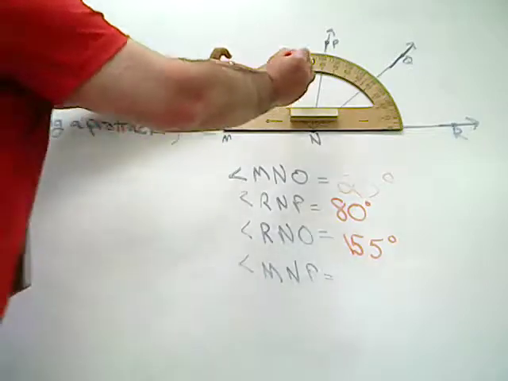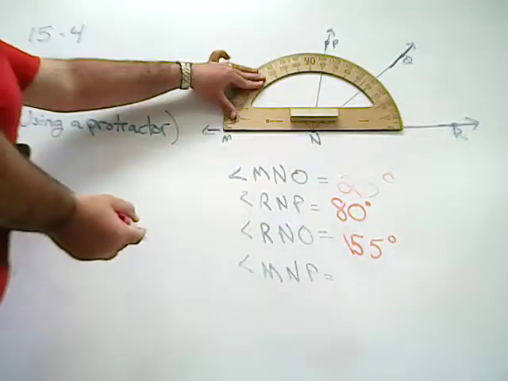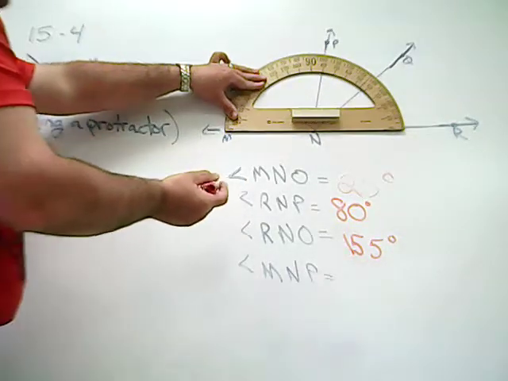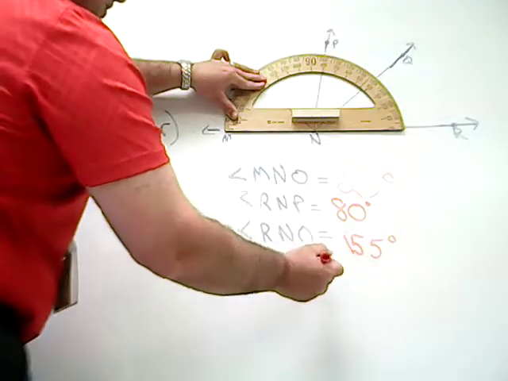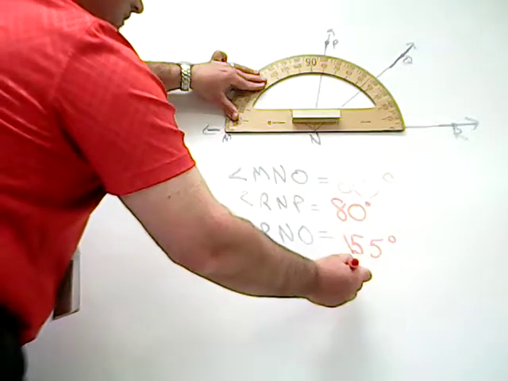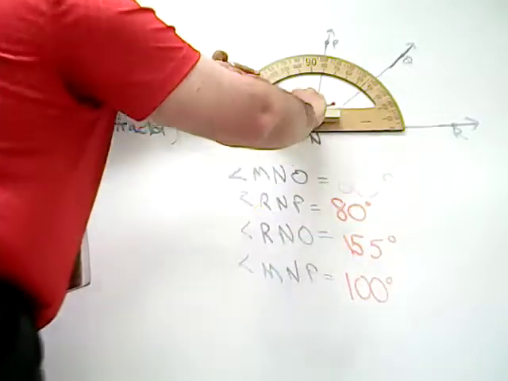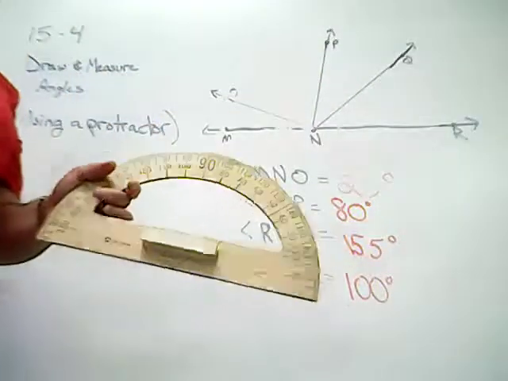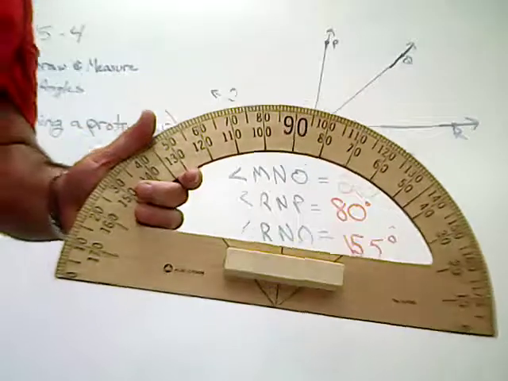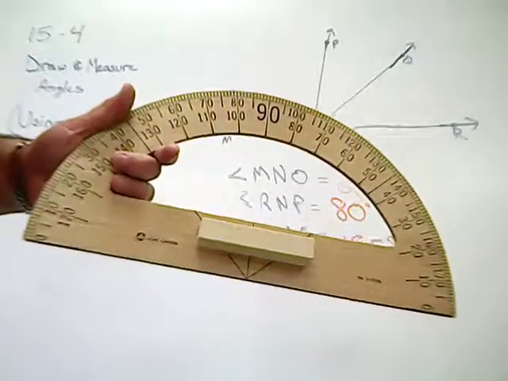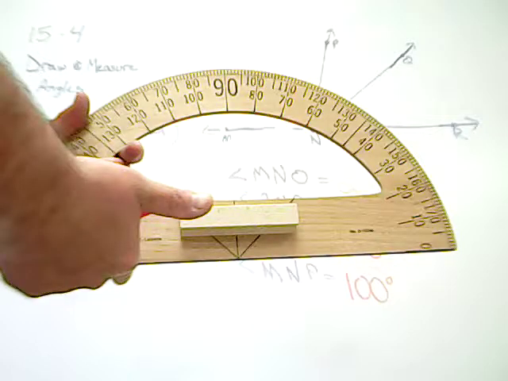So in this case, I'm going to choose the 100 because I know I have an obtuse angle, which is larger than 90 degrees. So angle MNP measures 100 degrees.